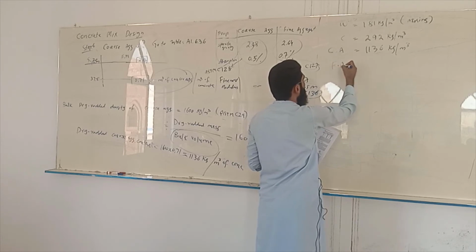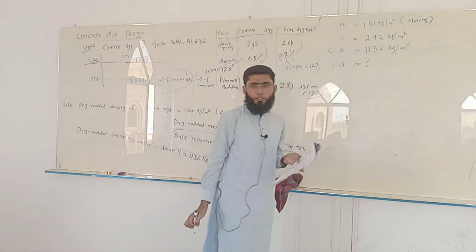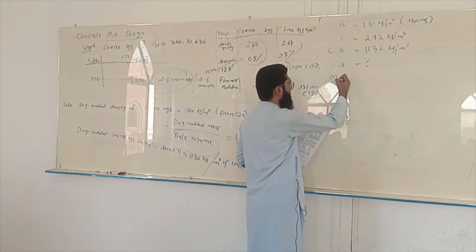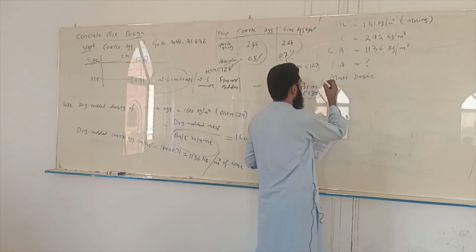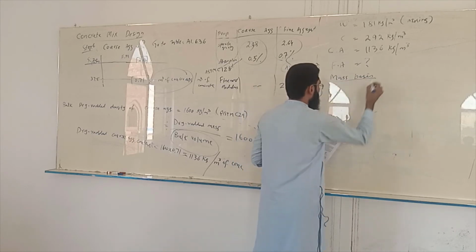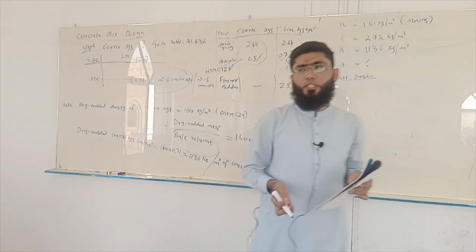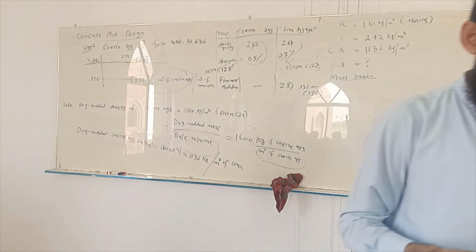Now what you need is the fine aggregate. So we are first going to do it on the mass basis. So we need to guess the fresh density of concrete.